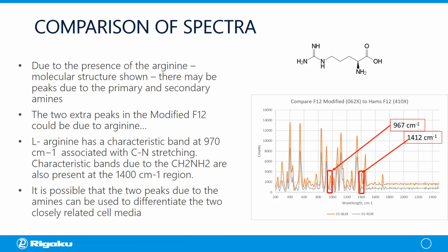So we could build a secondary application for separating out these two types, and then based on a spectral overlay with the library materials, we can check for the possible presence of these two peaks.